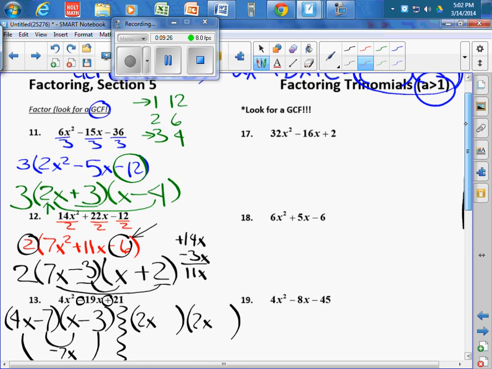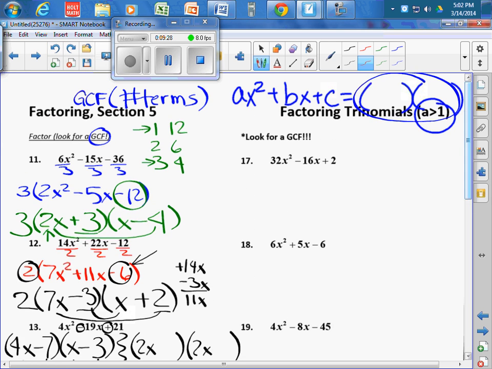Let's come back up here to number 17. Oh my, 32x squared minus 16x plus 2. That 32 is, well, actually it's not so troublesome, because look, what are we supposed to look for? A GCF. Don't we have one here? We have a 2, and a 2, right? So I'm going to factor out that 2, and I'm going to have 16x squared. Still, that 16 is going to be troublesome.